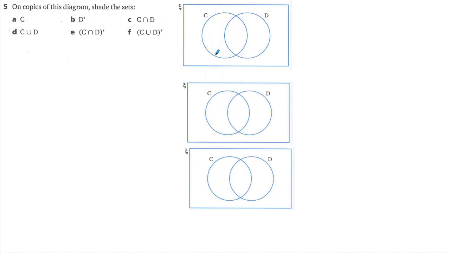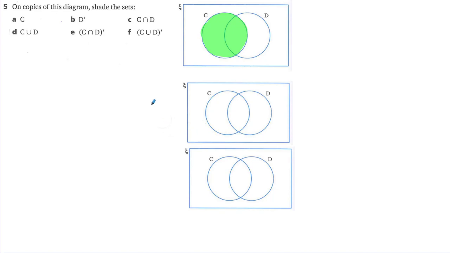I'm starting with C. If it says show only C, we are going to shade only the area of C. This is the answer to our question, this is C only.